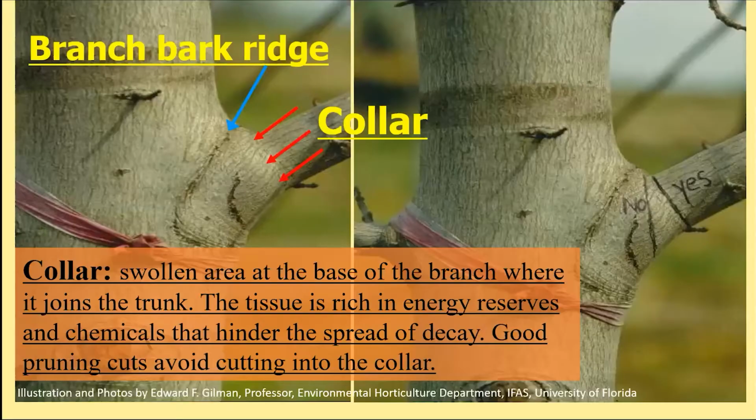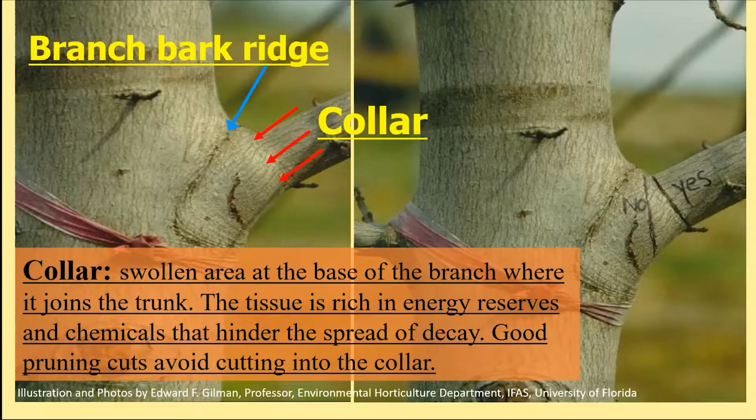So let's take a closer look at the collar. The collar is an area that is swollen, as shown in this example. It is the place where the tree or the plant keeps a reserve of chemicals, and their job is to slow the spread of decay.